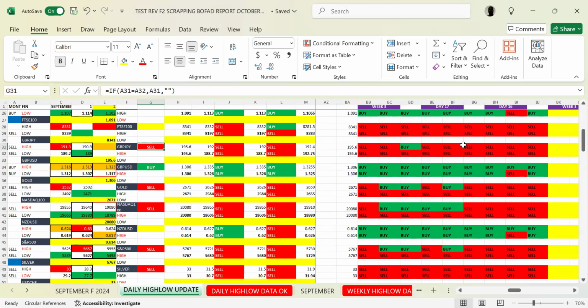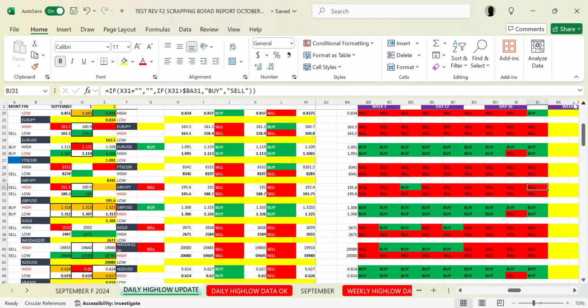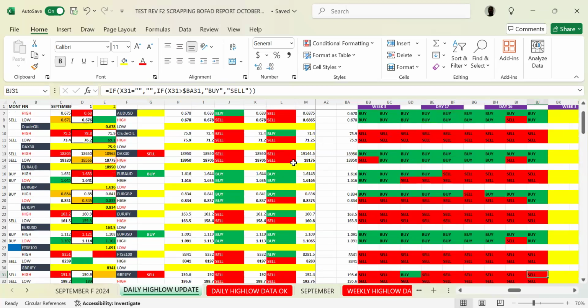GBP JPY, we have sell on the left, we have sell on the right. Anytime we have both sides giving us the same information, Euro USD, we have buy on the left, we have buy on the right, it gives us more confirmation of the decision and more accuracy in our decision.